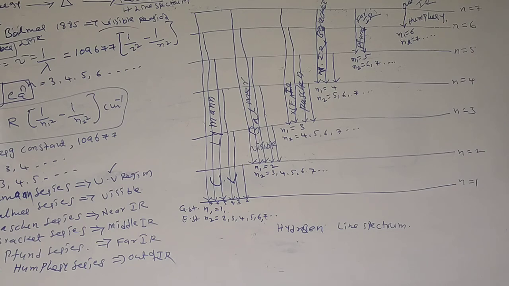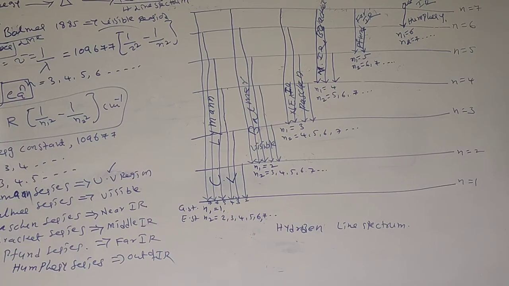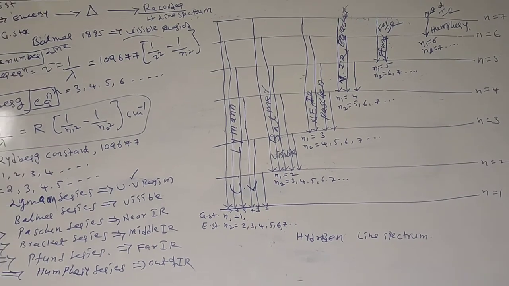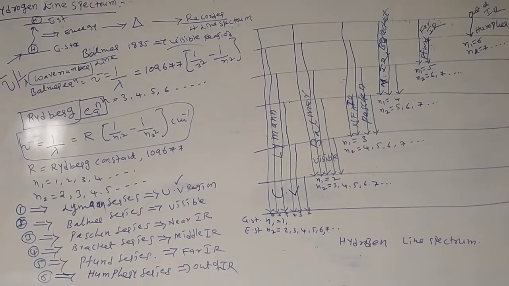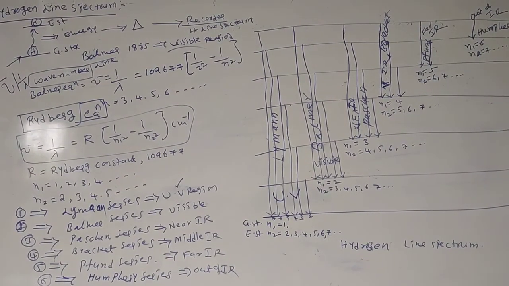Brackett series of lines is observed at the middle IR region. Pfund series of lines is observed at the far IR region. Humphreys series of lines is observed at the out of IR region. See, this is the complete picture.